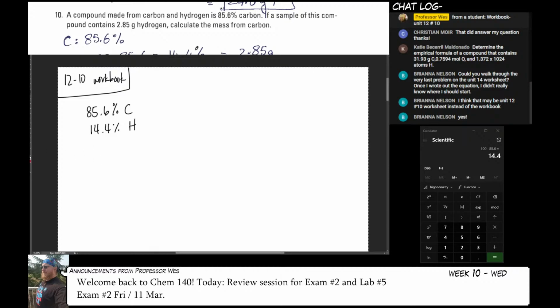Now, remember what a mass percentage says. For every 100 grams of compound, I have this percentage of grams of hydrogen, right? And I could say the same thing up here.